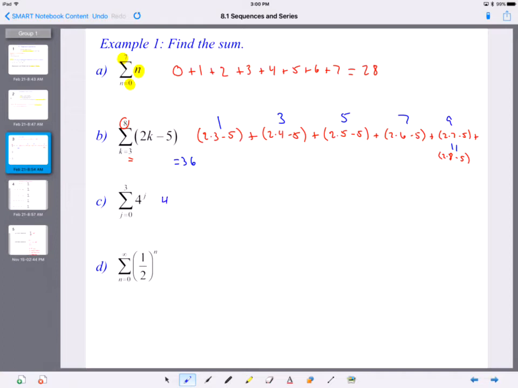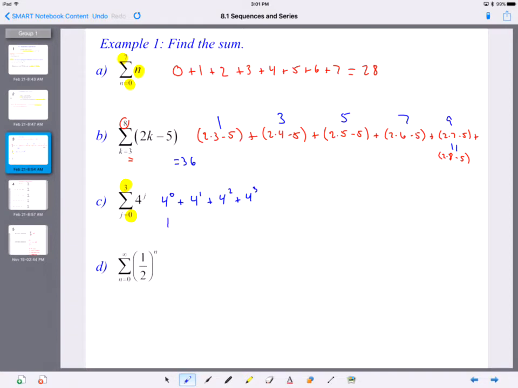You'll do 4 raised to the 0 power plus 4 raised to the first power plus 4 raised to the second power plus 4 raised to the third power. And so what you'll do is you'll just add those once again up. Make sure you start at j equals 0 and end at j equals 3.